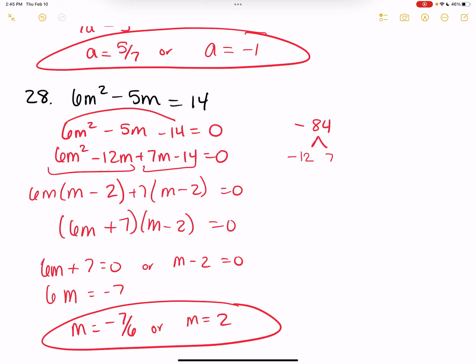Anybody agree with him? Or anybody disagree with him? So you say that it's positive 7/6 and positive 2? Anybody else? Same, different, otherwise? Wrong problem, anything?